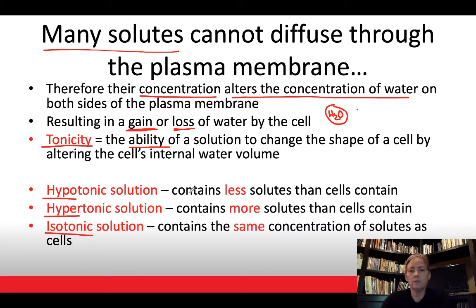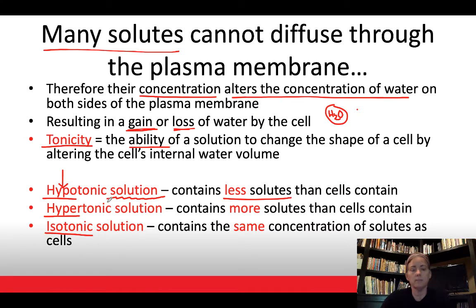So one of the things to remember is that this is hypotonic solution. So we're talking about the fluid that cell is sitting in. So it's basically the extracellular fluid. And if it's hypotonic, hypo means low. So anytime you see that, it's going to mean low. So the solution around the cell is going to contain less solutes than the cells contain.